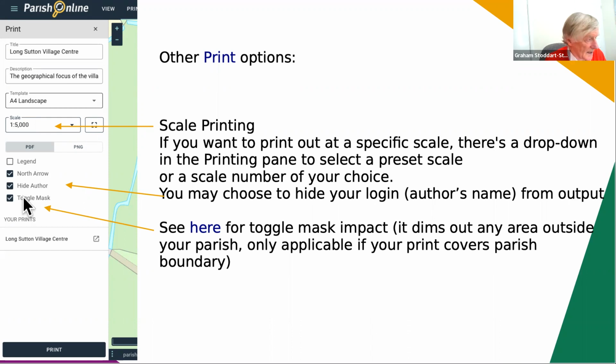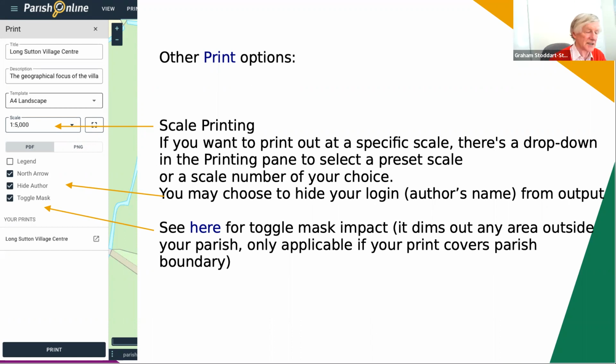What toggle mask does is it basically changes the brightness between items which are inside your parish boundary and items which are outside. So inside is bright, outside is dull. The idea being that it clearly shows you your parish boundary. But it only operates, of course, if what you're printing is going to cut across your boundary.